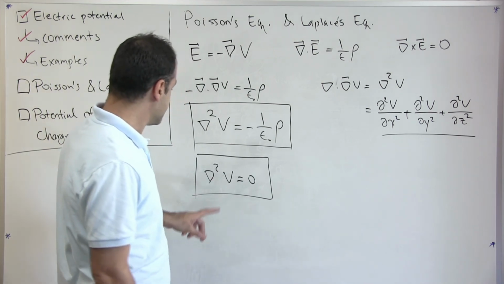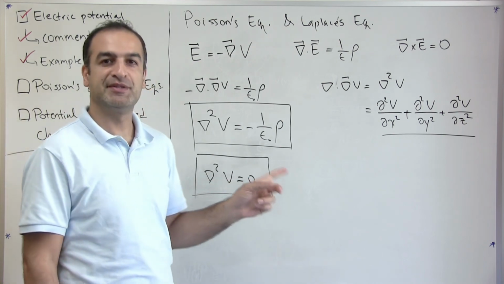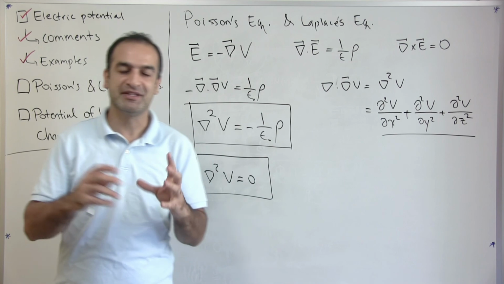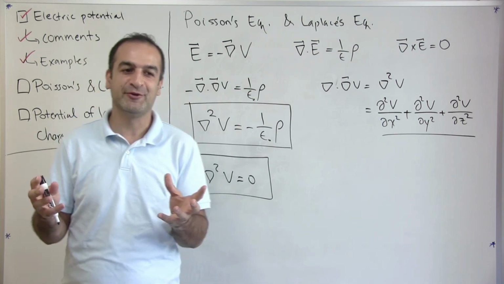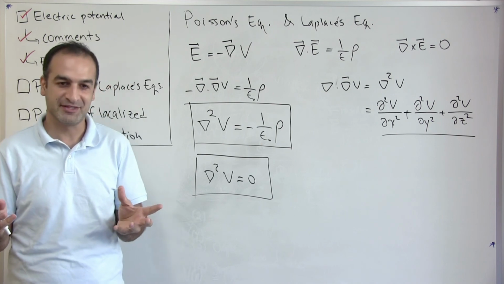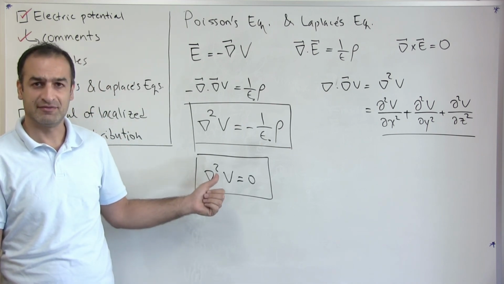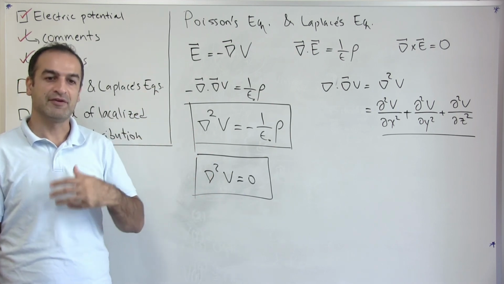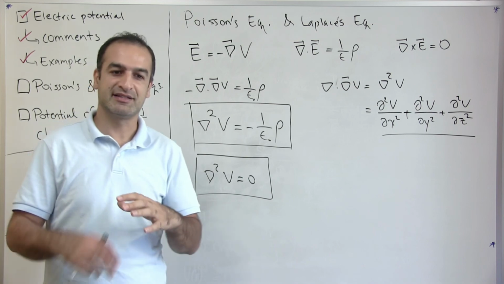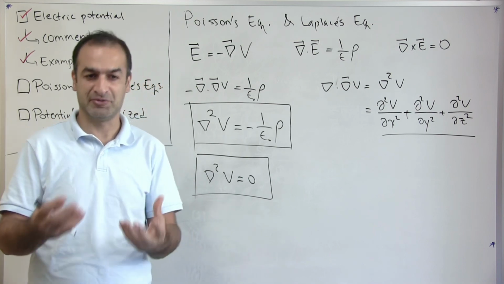One characteristic of Laplace's equation is that the difficulty depends so much on how many dimensions you are working in. If you look at the one-dimensional Laplace's equation, that's simply a second derivative, a very easy thing to solve. That's just a straight line kind of thing. If you move on to 2 dimensions, that's a little more difficult. If you work in 3 dimensions, that's a lot more difficult.